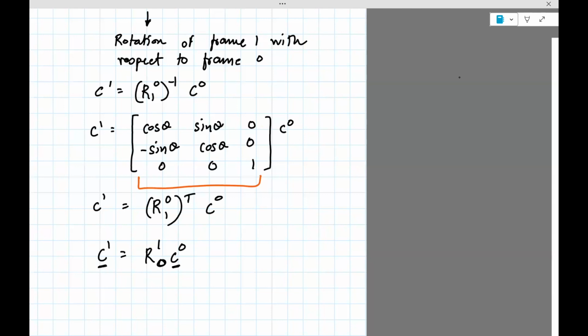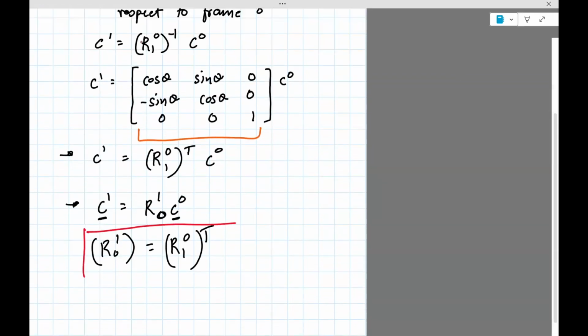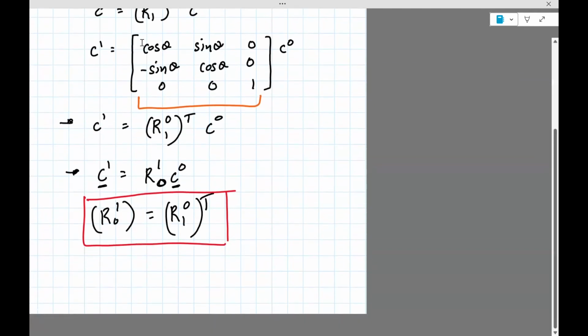So if you want to find the rotation of frame 0 with respect to 1, it's nothing but R1 with respect to 0 transpose. You can write one frame with respect to the other, and the relation is basically just the transpose. This makes our life easy.